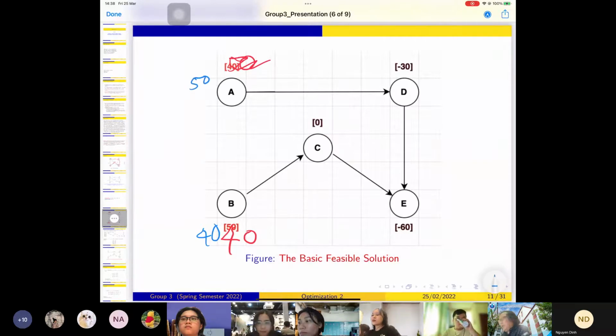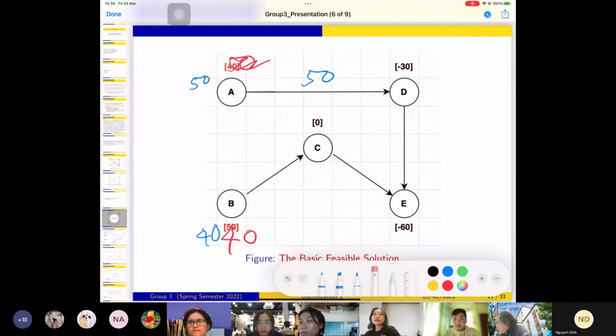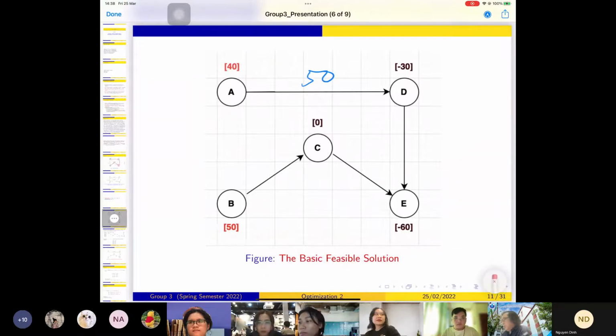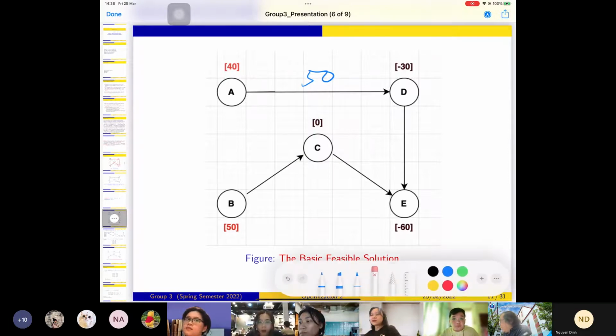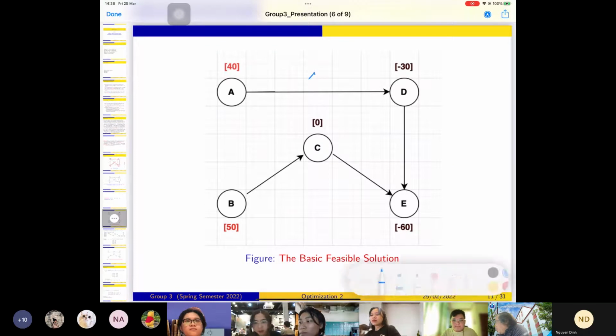You change to 50. Is that okay? And you move 50 here. But here you change to what? You change to 40. Sorry. Because you change to this, you move 40 here, and they need 30, so they still have 10.